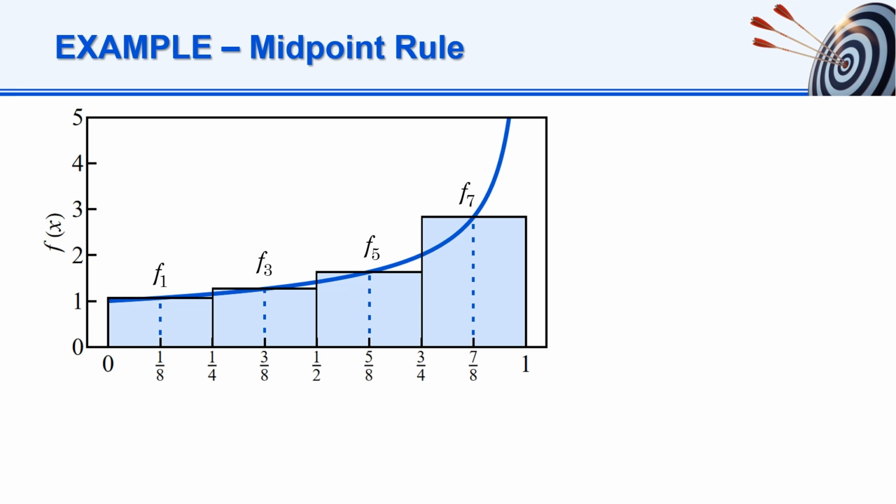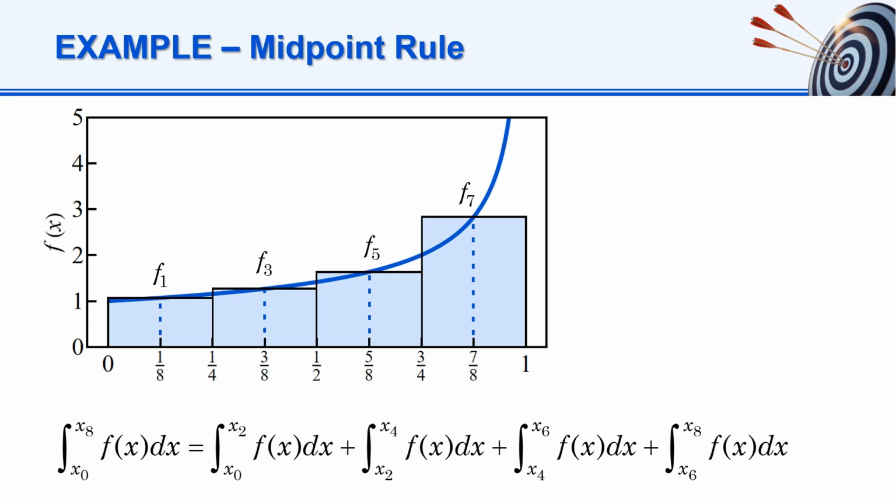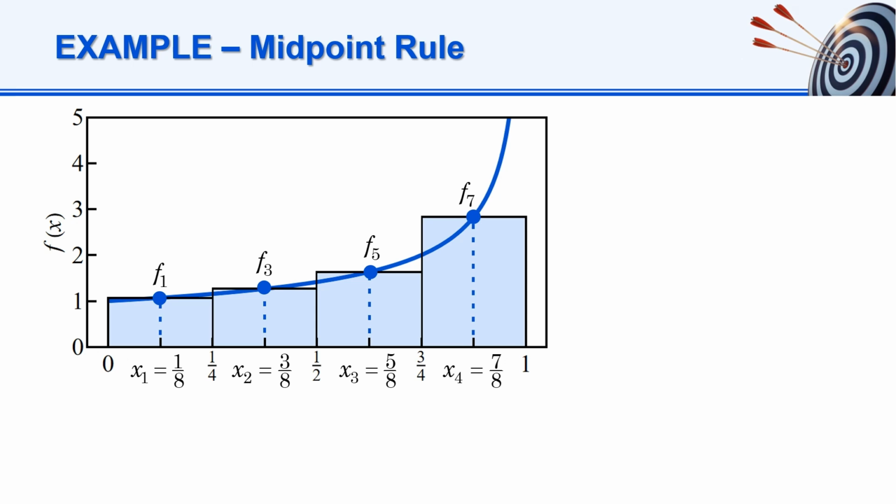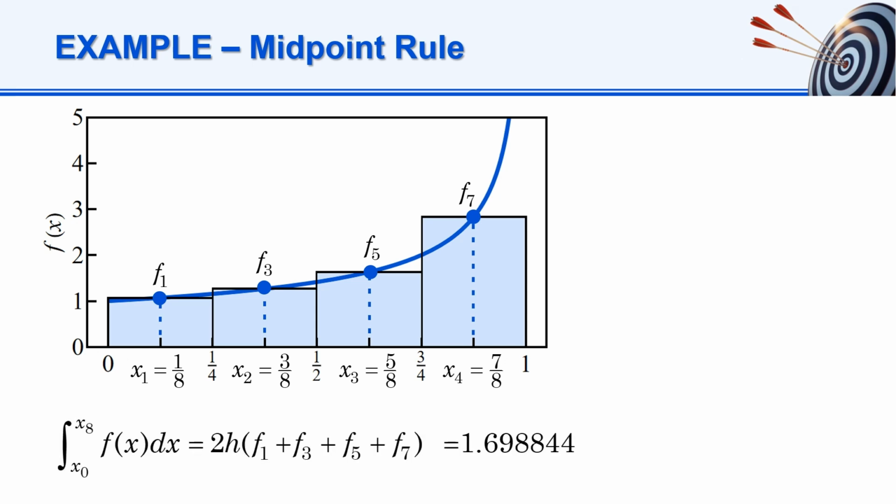Splitting the integral into four integrals over the subregions having a width of 0.25, we find the midpoints of each region and evaluate the integrand at the midpoint. Then, we apply the midpoint rule to each integral. We find 1.698844.